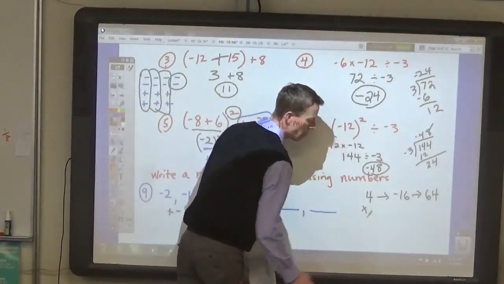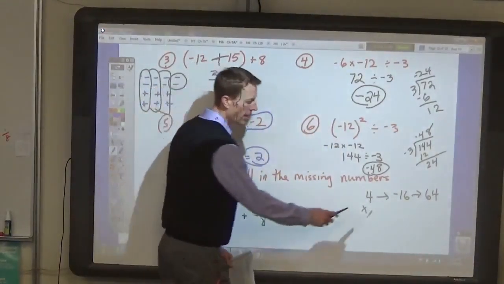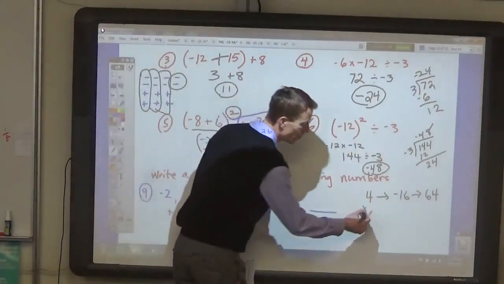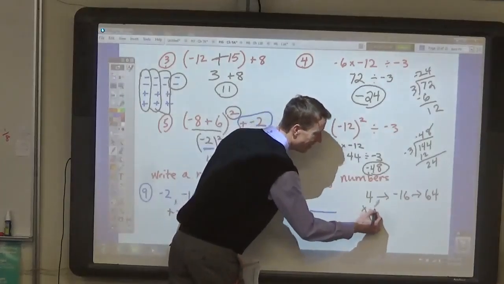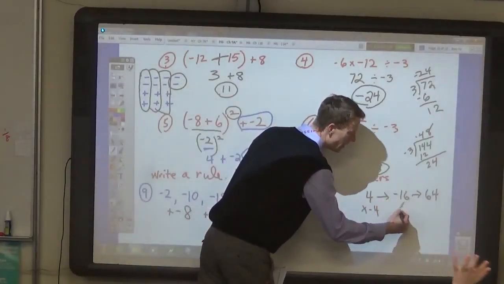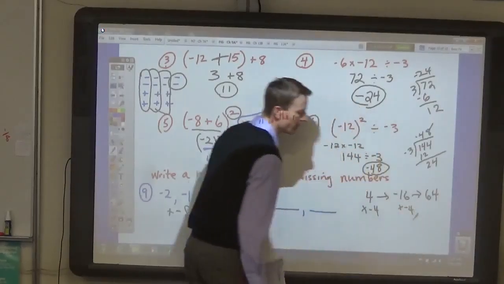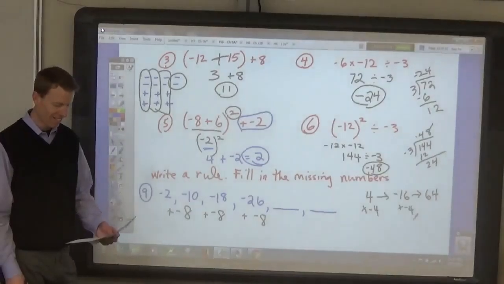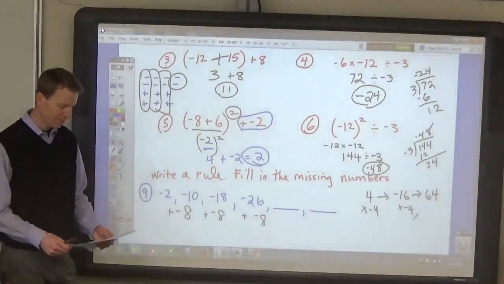What if we multiplied by something? What would we multiply by to get to negative 16? Negative 4. What if we did negative 16 times negative 4? What would we get? 64. Yep.